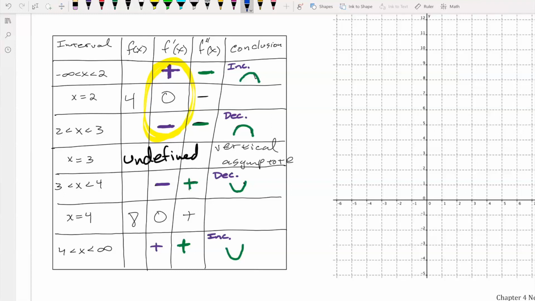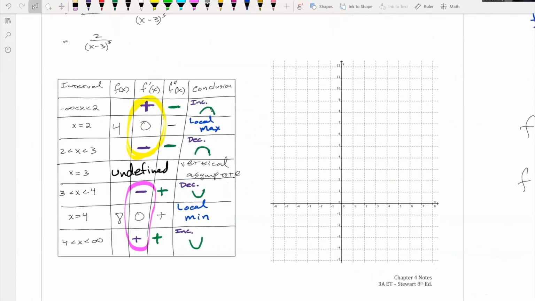A local max. Local max. That's by the first derivative test. And if we look over here, we have negative slopes followed by 0 tangent line followed by increasing, meaning we have a local min. Okay.